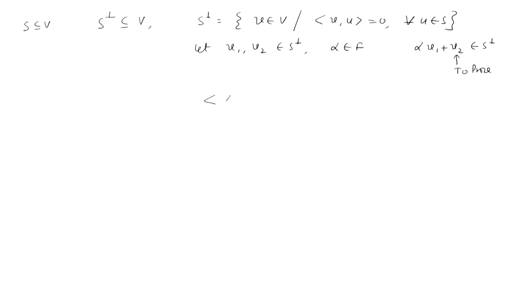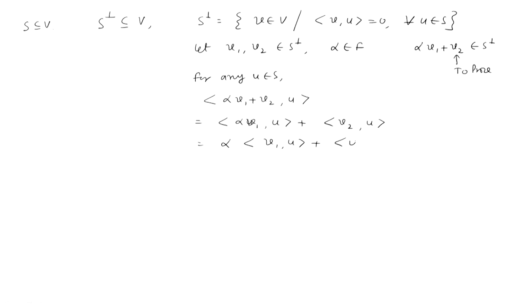Let us find the inner product of this with any u in S. By the definition of inner product, this is the inner product of alpha v1 plus v2 with u, which is alpha times the inner product of v1 and u plus the inner product of v2 and u.